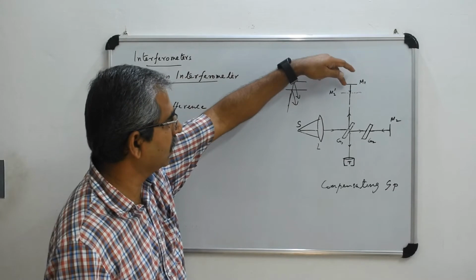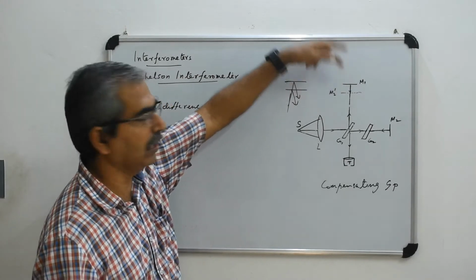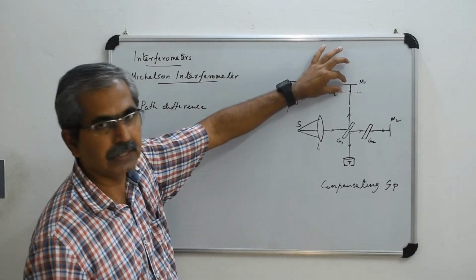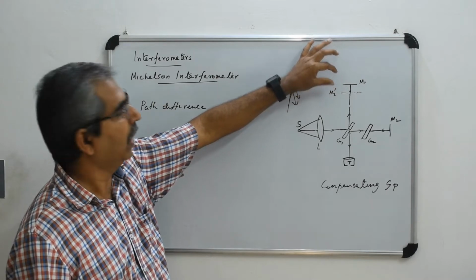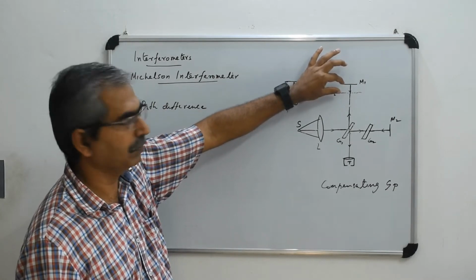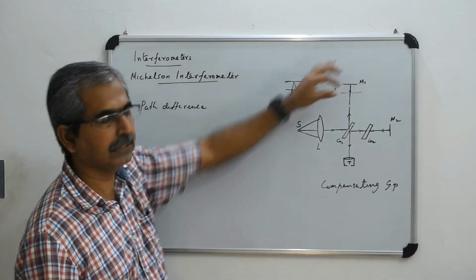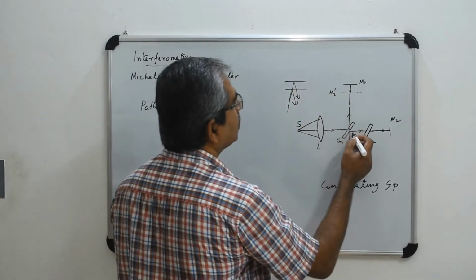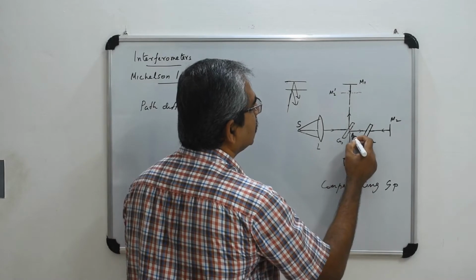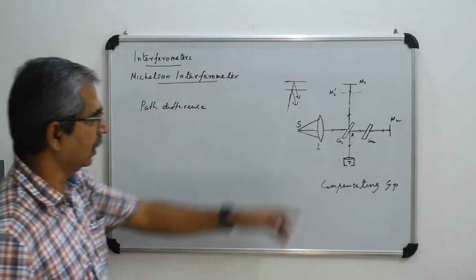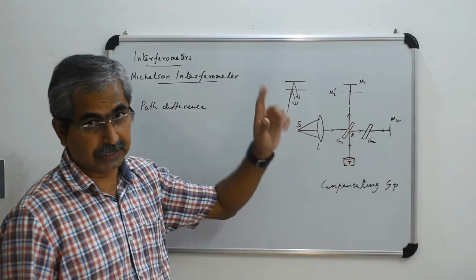You are having reflection from two positions, M1 and M2 dash. In between there is an air film. And what is the thickness of that film? You can assume that it is an air film. The thickness will be the difference between, suppose this point is A, the point where the splitting takes place.